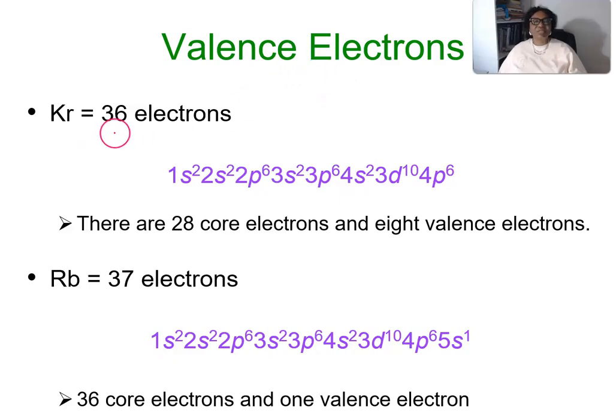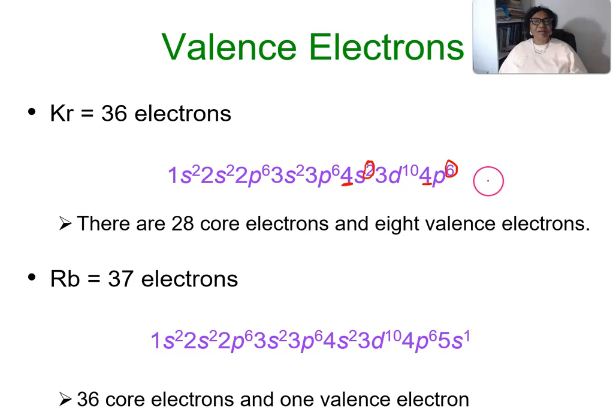This is krypton. It has 36 electrons. Let's see its electronic configuration. Its electronic configuration is 1s2, 2s2, 2p6, 3s2, 3p6, 4s2, 3d10, and 4p6. The highest energy level is 4, you see. So the number of electrons in this highest energy level is 2 plus 6.